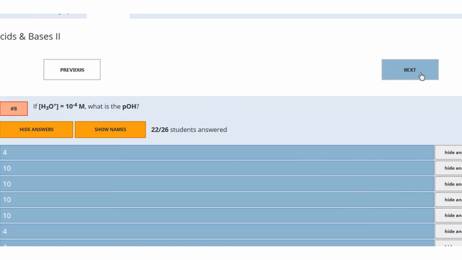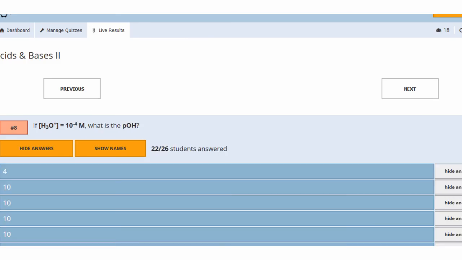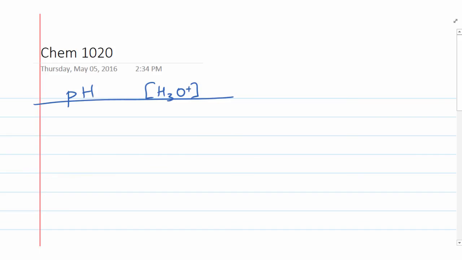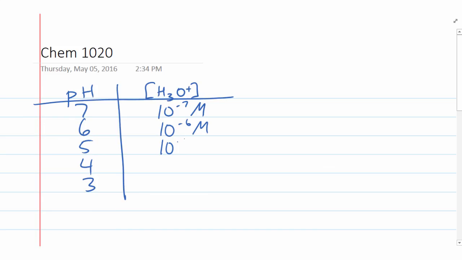And so when we look at the pH scale compared to the hydronium ion concentration, if we start at a pH of 7 and work down, 7, 6, 5, 4, and 3, the hydronium ion concentrations respectively are 10 to the negative 7th molar, 10 to the negative 6th molar, 10 to the negative 5th molar, 10 to the negative 4th molar, and 10 to the negative 3rd molar.